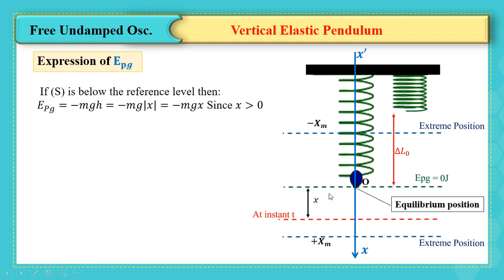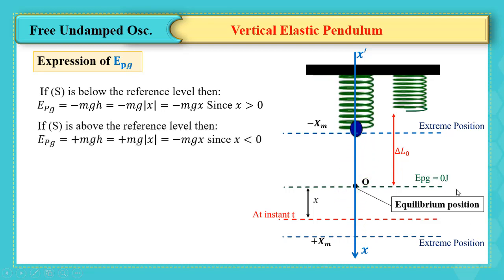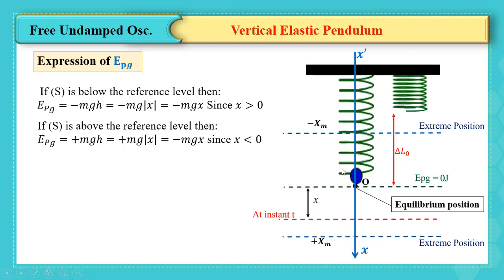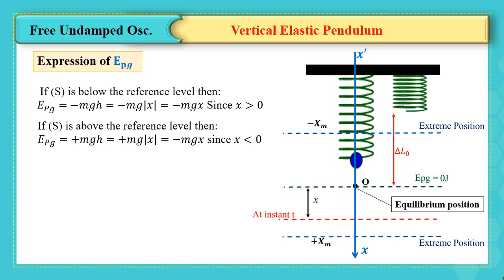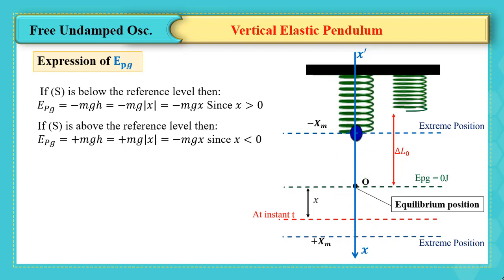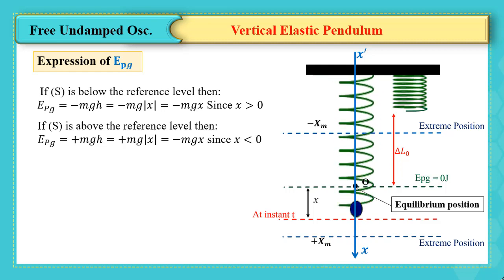But if S is above the reference level, then the gravitational potential energy is plus mgh, which is plus mg times the absolute value of X. Because X is negative, the expression is minus mgX, where negative X gives a positive answer.